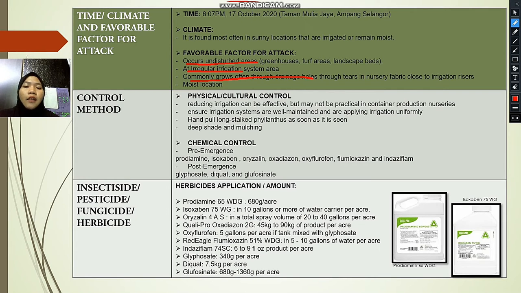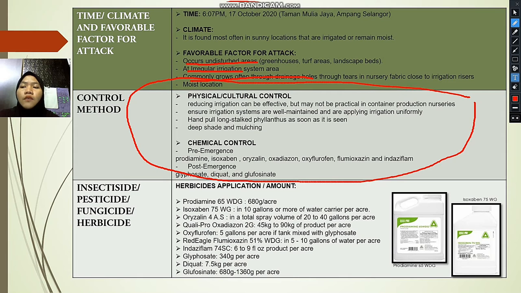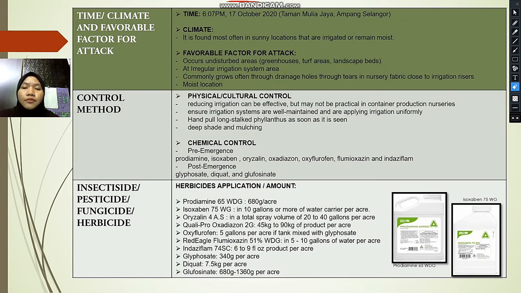There are two methods of control. The first is physical or cultural control. For physical or cultural control, first we can reduce the irrigation, next we can ensure the irrigation system is well maintained. Third, we can hand pull the long-stemmed Phyllanthus as soon as it is seen.